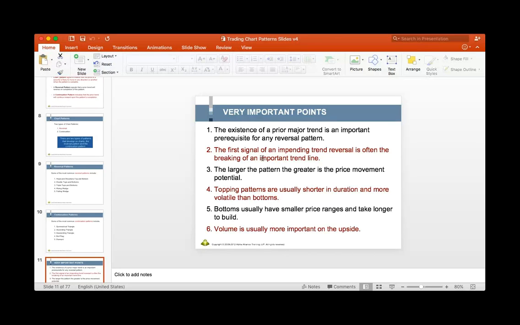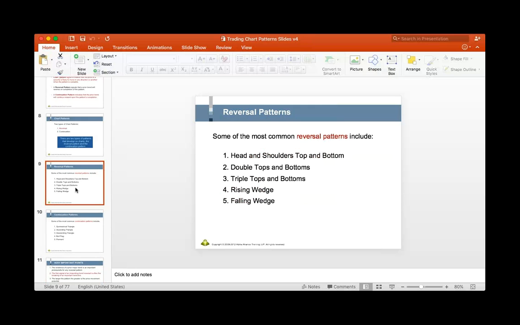For example, if the prior trend is an uptrend and then a reversal pattern happens, then you know that the next trend is a downtrend. For example, this one we see over here, head and shoulder top or bottom, is what we call a reversal pattern. So you cannot use it like a continuation pattern.